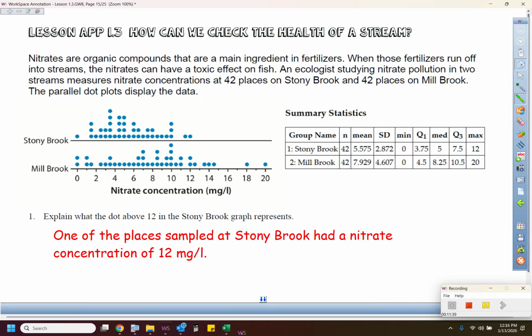One of the places sampled at Stony Brook had a nitrate concentration of 12 milligrams per liter. That's what that dot right there meant. How did I know the label? I looked at the axis label on there.